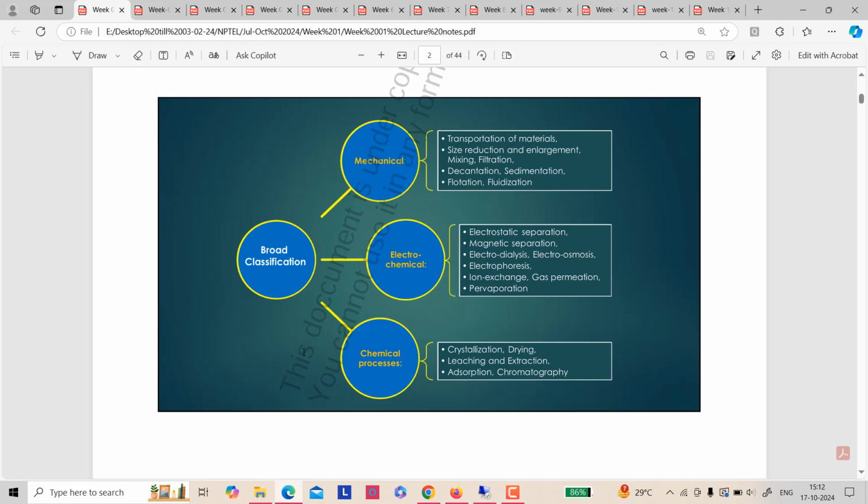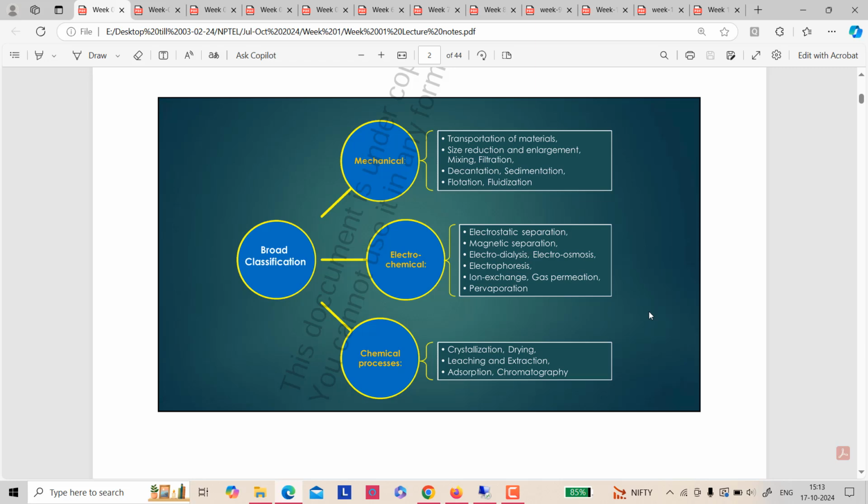Then comes a broad classification of how this separation is happening. Under mechanical separation comes transportation, material size reduction, enlargement, mixing, filtration, flotation, sedimentation, etc. Then under electrochemical: electrostatic separation, magnetic separation, electrodialysis, electroosmosis, electrophoresis, ion exchange, pervaporation.